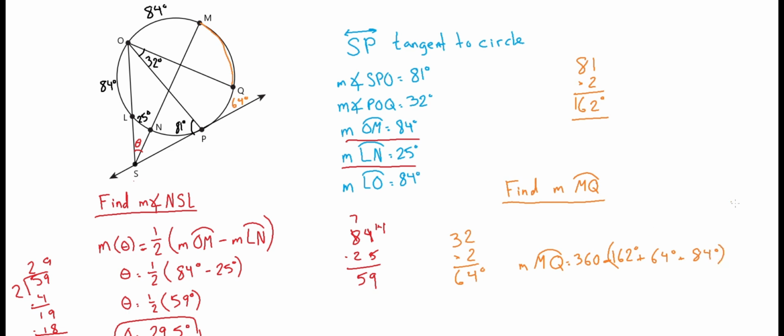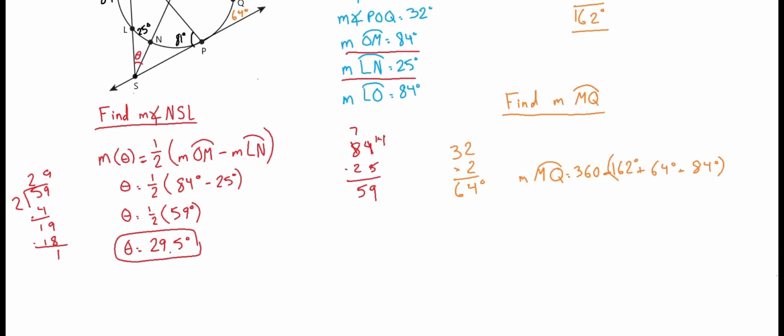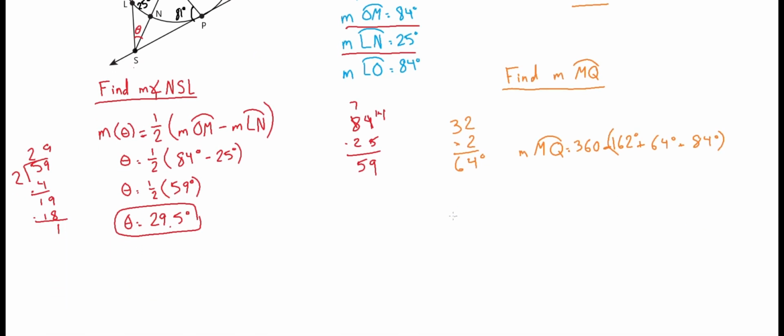And now we would solve. 162 plus 64 plus 84. 2 plus 4 is 6, plus 4 is 10. Carry the 1. 1 plus 6 is 7, plus 6 is 13, plus 8 is 21. 2 plus 1 is 3.